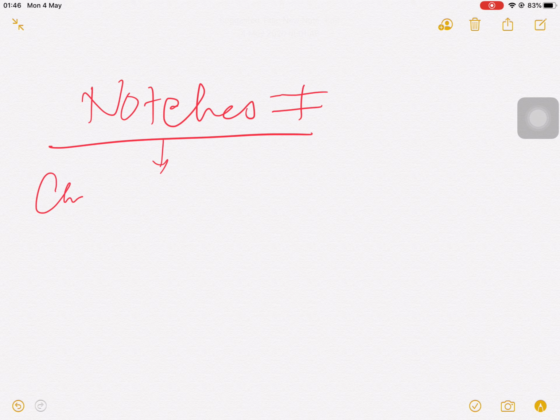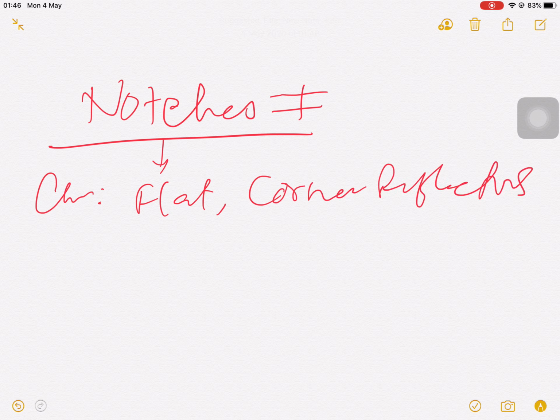Second, the notch. So the notch, what do they have? The characteristic is a flat or corner reflector. What is the use for this one?